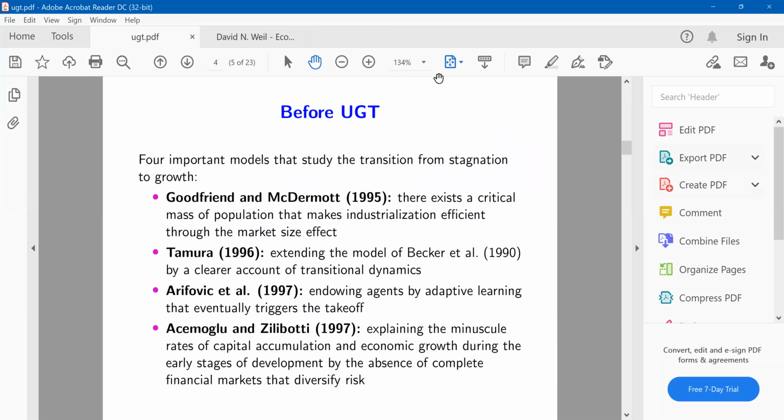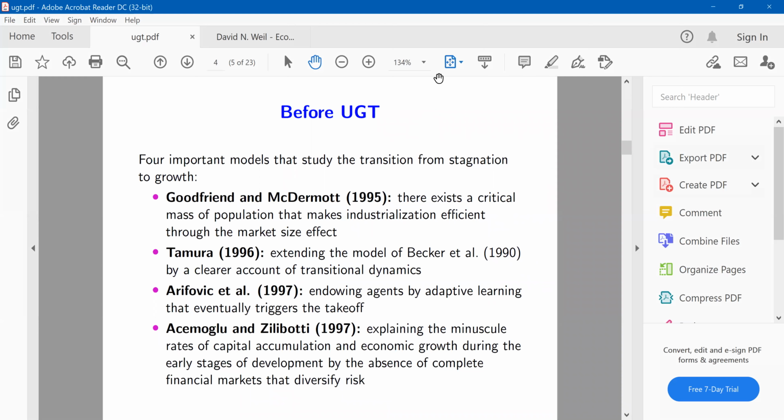The idea is this: an economy does not industrialize because the markets are so small. It is not profitable to switch from primitive technologies to industrial technologies. But once the market is large enough, it is easier to cover the sunk costs and the transition takes place through industrialization.